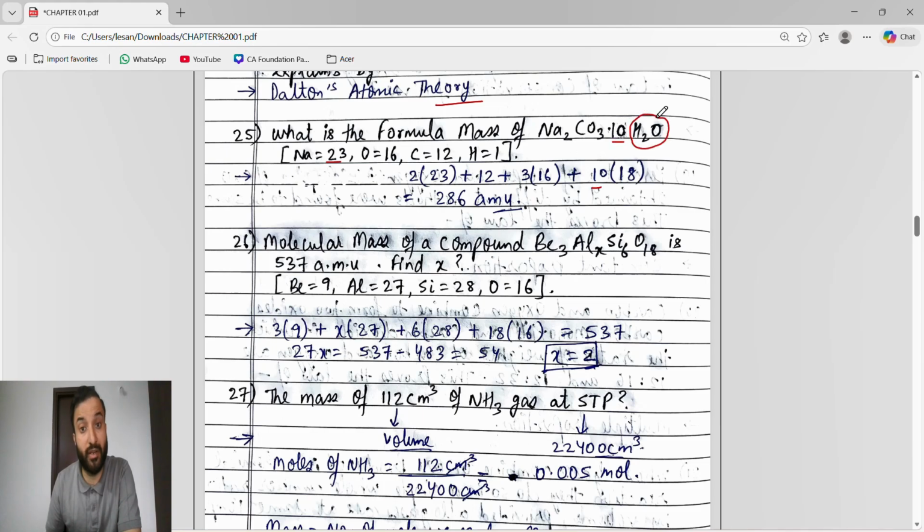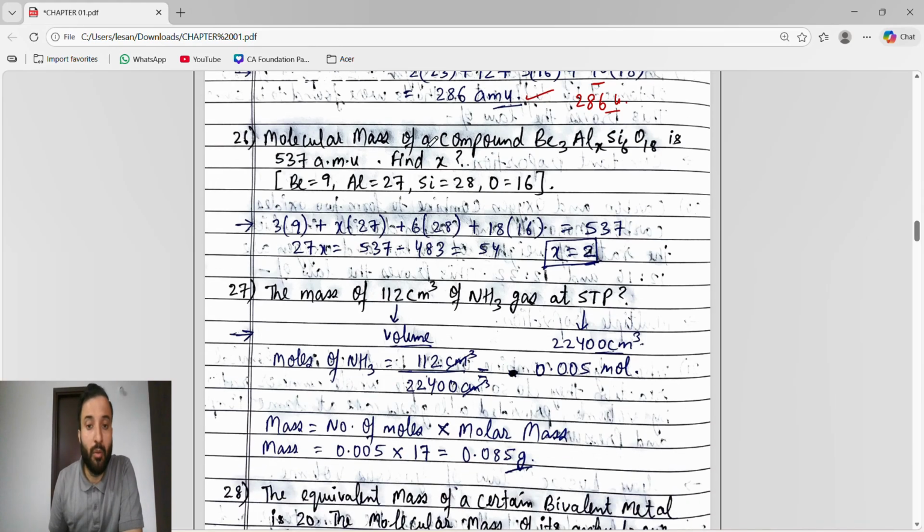H2O is 18. So 2 into 23 is 46, plus 12, plus 48, plus 180. You will get 286 AMU, because this is a formula mass, 286 AMU or 286 u. If they ask for the gram formula mass, then it is 286 gram.